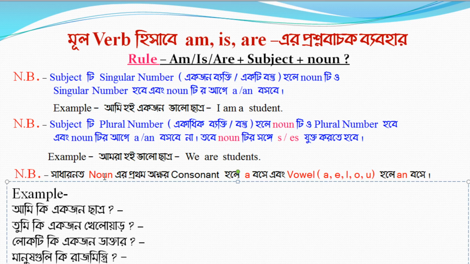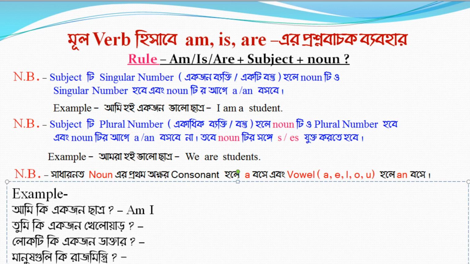But in the matter of interrogative sentences, you have to use the verb am before the subject. Now I'm using am because the subject is I, and how many persons are there?